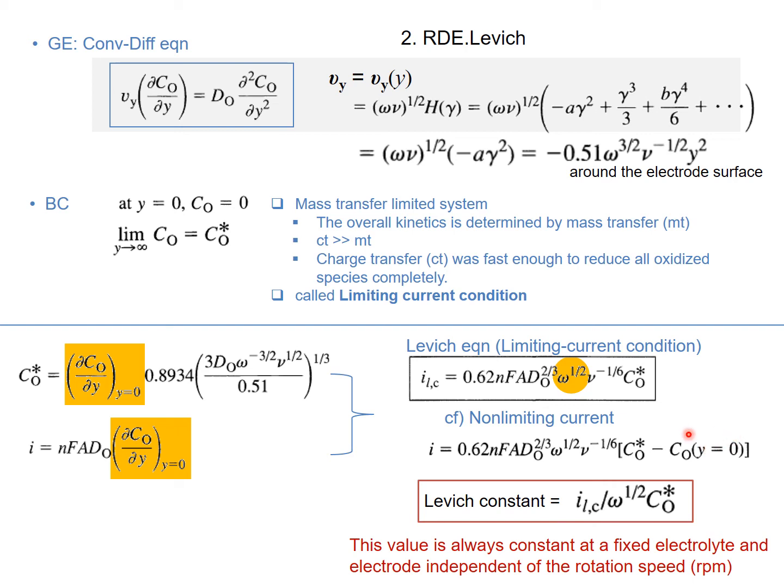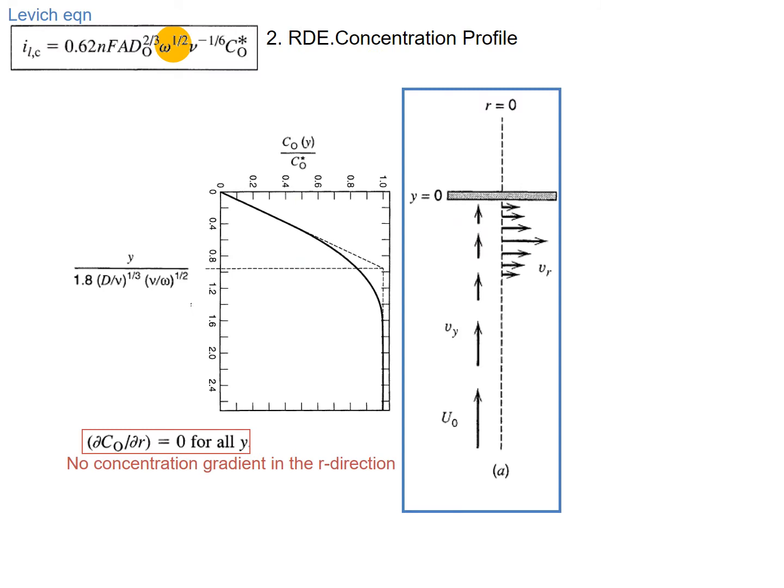If this second concentration term goes to 0, then we obtain the Levich equation at the limiting current condition. Okay, so right now we have obtained the Levich equation, which is the one presented in the previous slide. And let me check the concentration profile in the hydrodynamic technique.